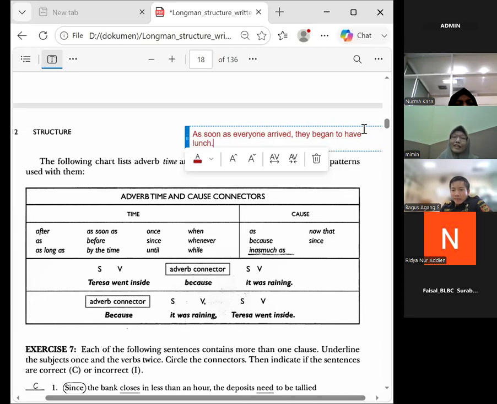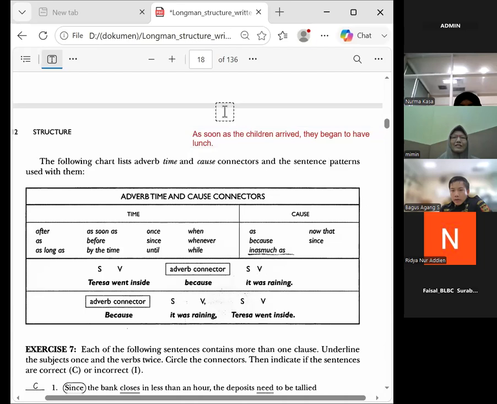Yep. Well, actually, "everyone" and "they" do not agree. So can you change this into, okay, the children. Yeah. As soon as the children arrived, they began to have lunch. This makes more sense because "they" is the pronoun for children.